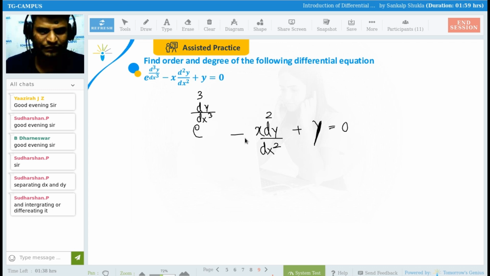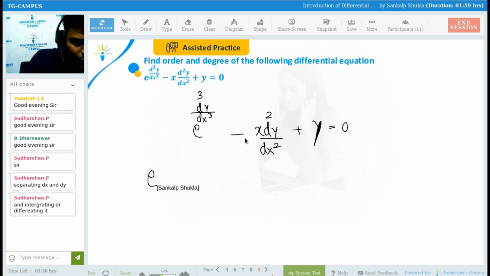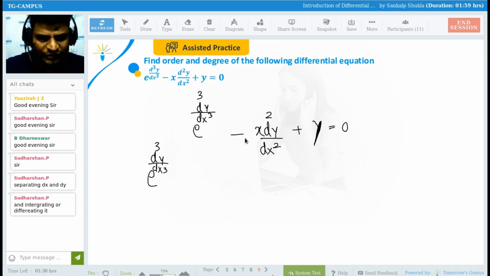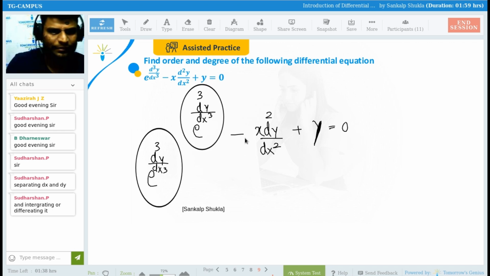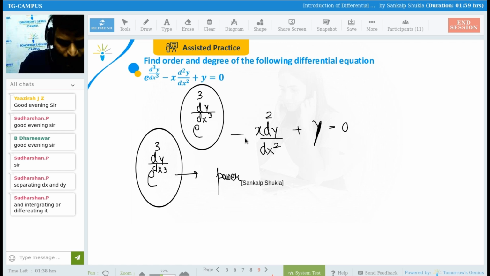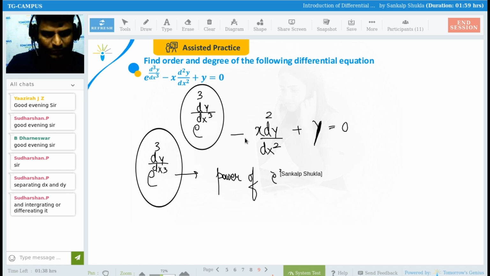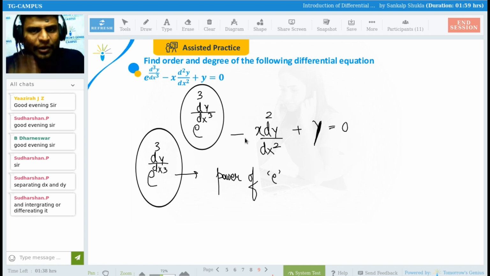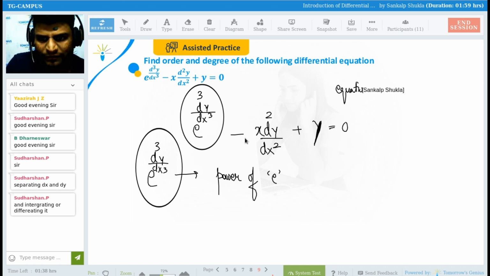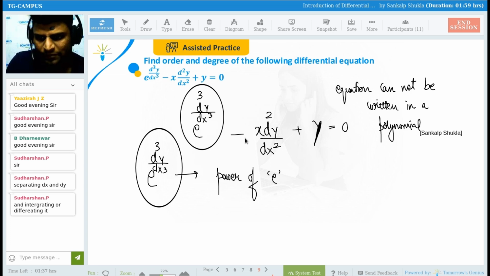See, we are having e raised to the power d3y upon dx cube. So this is a problem. Why? Power of e. It should be in a polynomial form, and just because of this power of e, this equation cannot be written in a polynomial form.